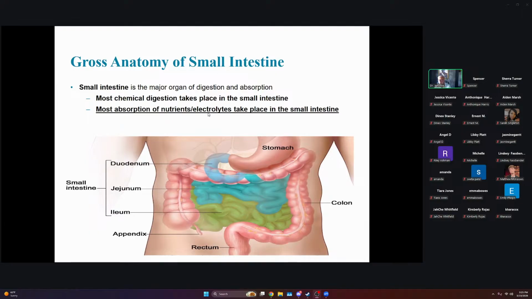Okay? No surprise there at all, right? Also, most chemical digestion takes place in the small intestine, and that makes sense based on what we just learned about pancreatic juices, right? Enzymes for all three organic molecules being released into the duodenum. So naturally, the majority of chemical digestion would occur in the small intestine as well.